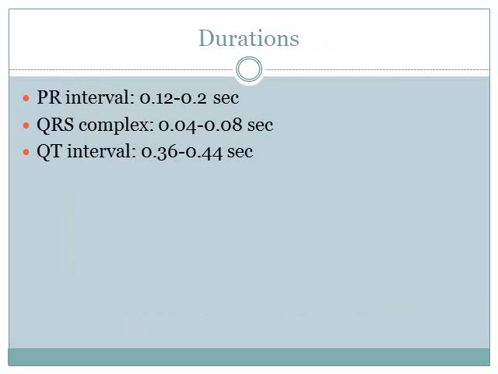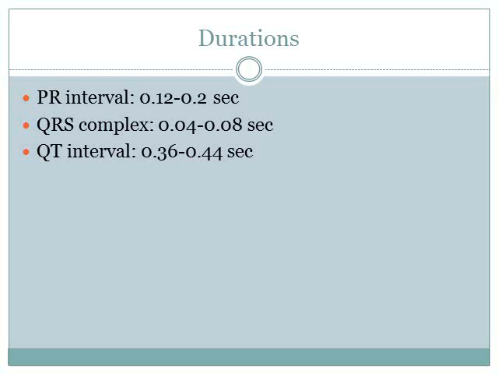Okay, now we will talk about the durations. If you remember, I mentioned that it is important to know these durations, because if a duration is either too slow or too fast, then that could be due to an underlying problem.